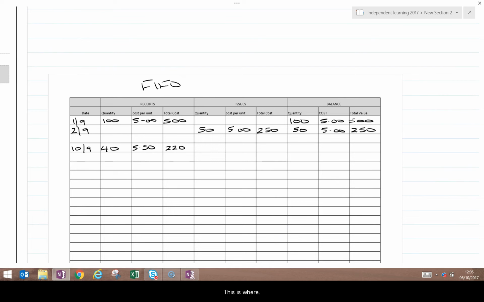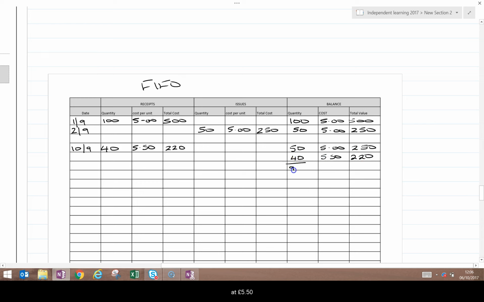Now this is where it gets just a little bit more complicated, because what I suggest that you do is get used to rewriting what you've already got in the balance column and then adding the new receipt to it. So what we know is at the moment we have 50 units at £5, which is 250, and we're receiving another 40 at £5.50, which is 220.